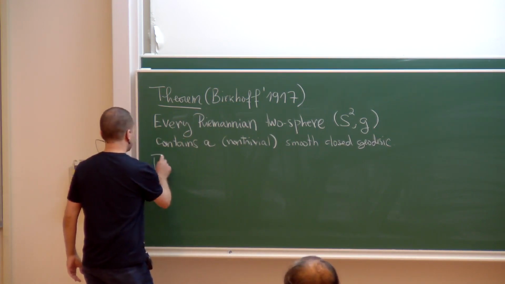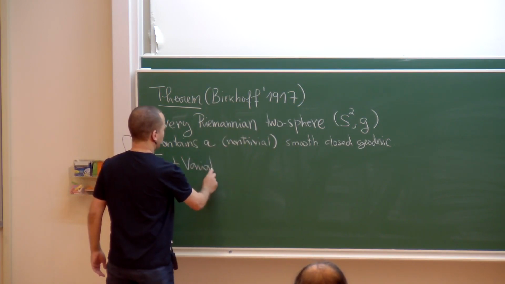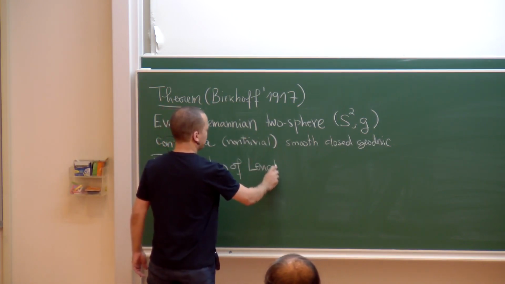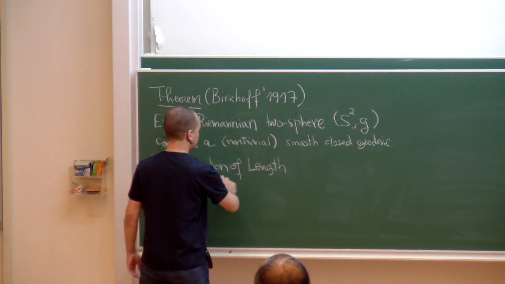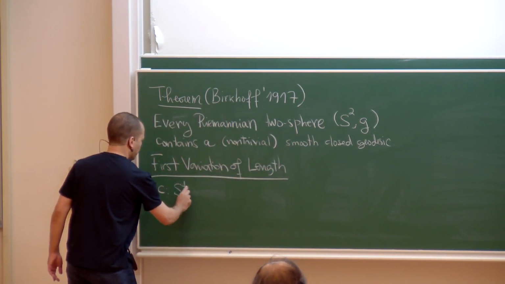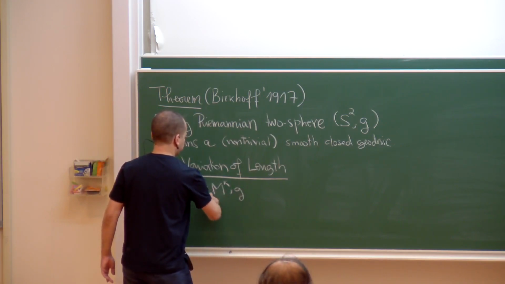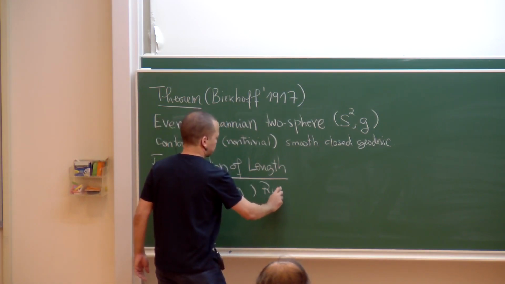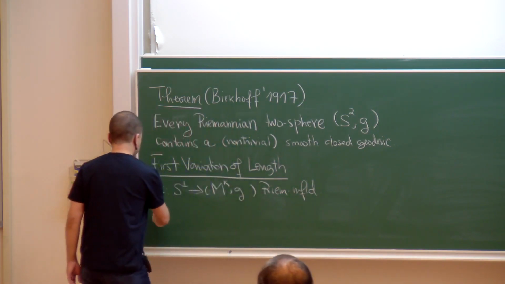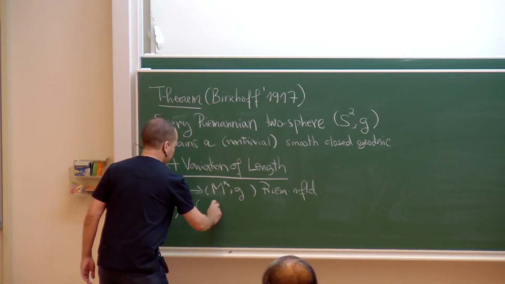First, of course, let me just recall why this is true. This is a classical formula called the first variation of length. If you give me a curve C from S^1 into some Riemannian manifold, I can compute its length. This is just the integral of the norm of the velocity vector.